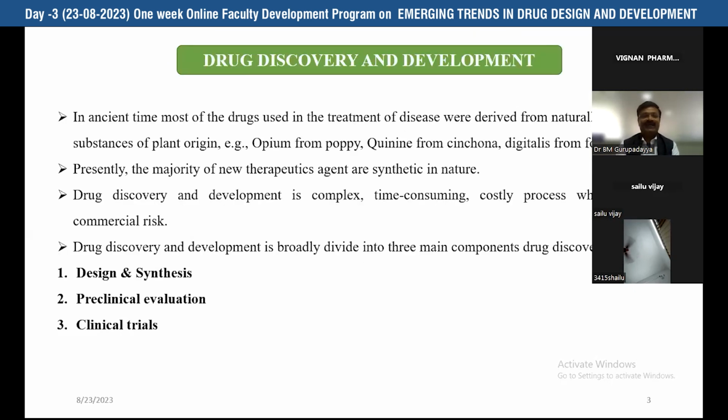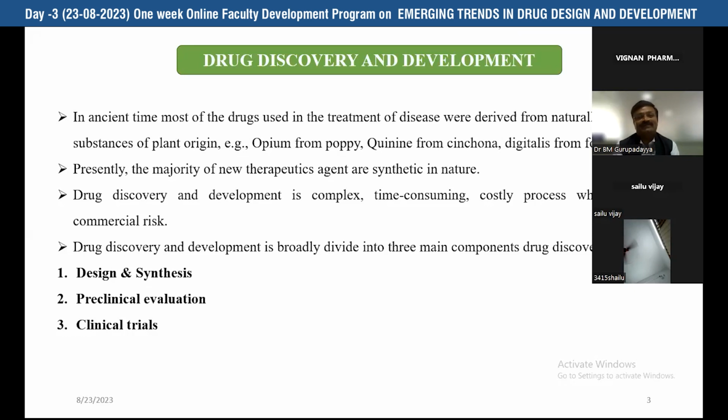Before moving on to bioanalytical approaches in drug discovery and development, we should know what is meant by drug discovery and development. Some speakers, yesterday or the day before, already gave information about some concepts of drug discovery and development.